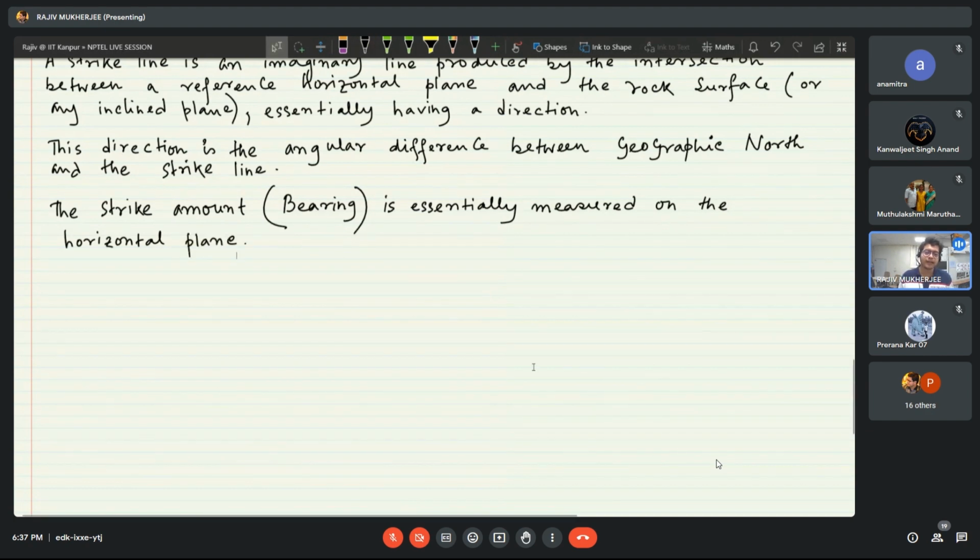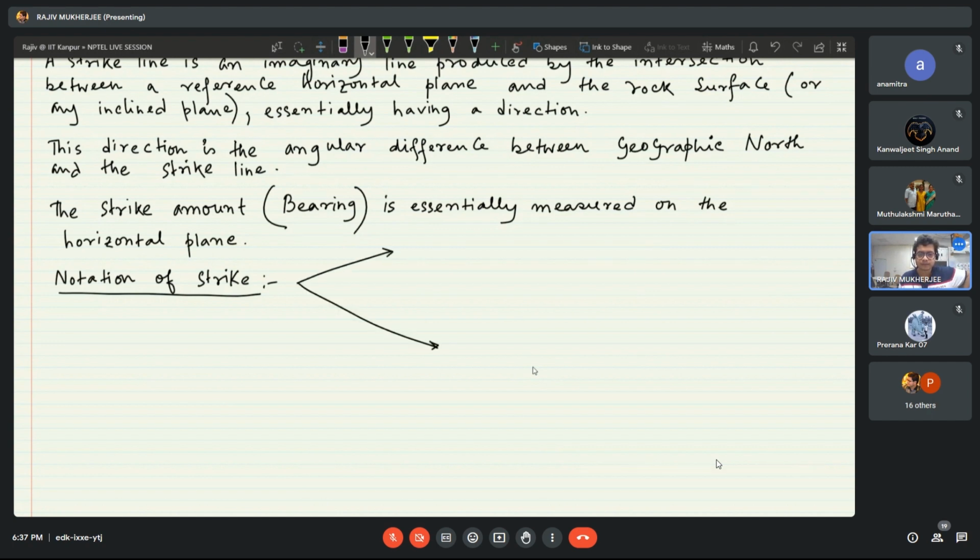Now coming to the dip. First of all, the notation of strikes. There are two common notations. One can say that my strike is, say for example, north 20 east.